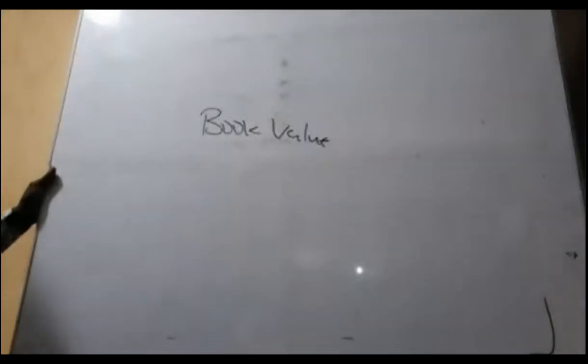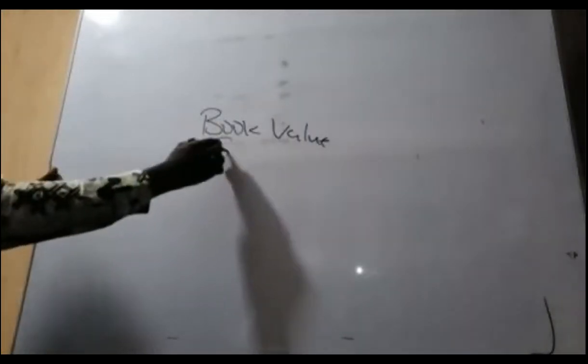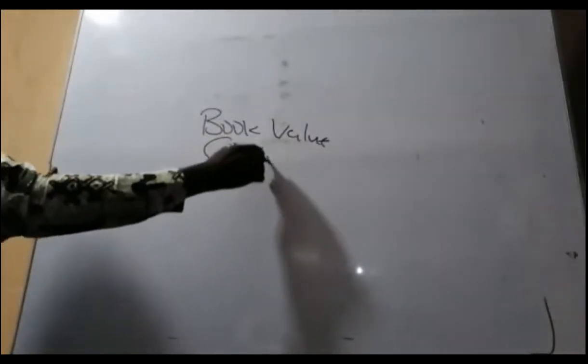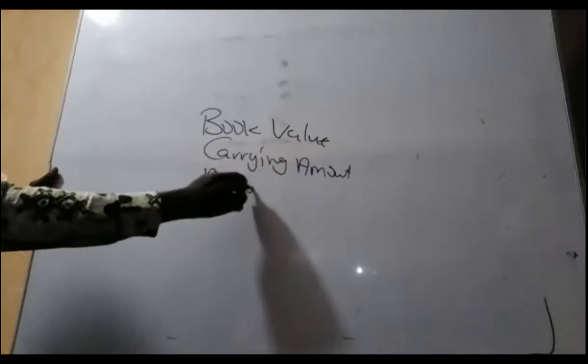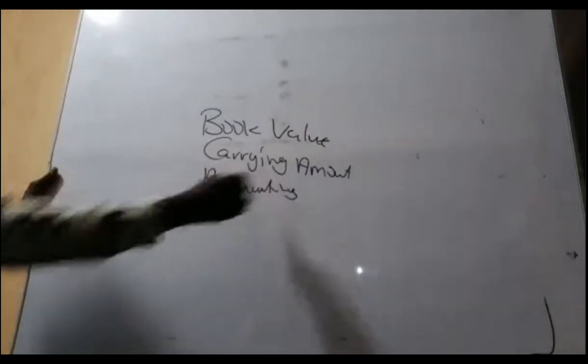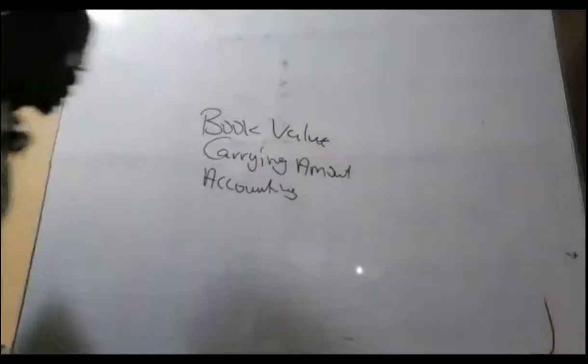It's not permanent. So here, all you have to do is compare two items. Carrying amount, I also call it book value, how the accountant sees the item. It's also called accounting base.